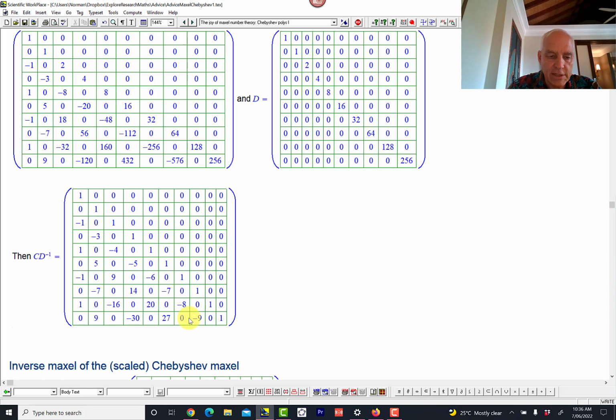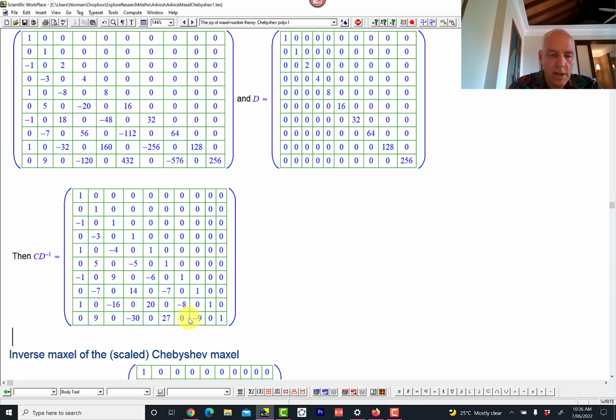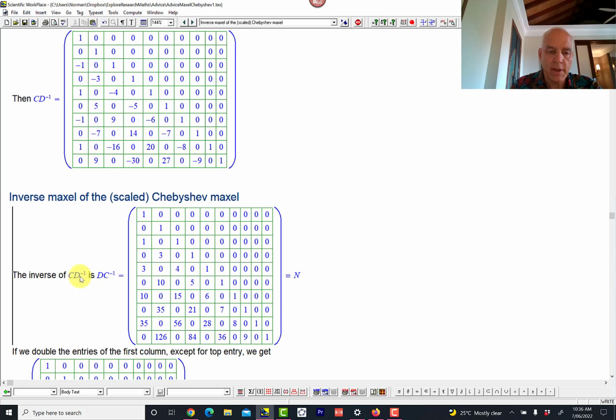All right, so what's the next thing to do? Well, let's call this the scaled Chebyshev Maxel, C times D inverse. Let's take its inverse. So the inverse of C D inverse, this thing that we've just computed, is D times C inverse. Now I'm strongly using the fact that we're in a matrix environment here. This is what I want to do, because I want to check whether there's some linear algebra aspect to this situation.